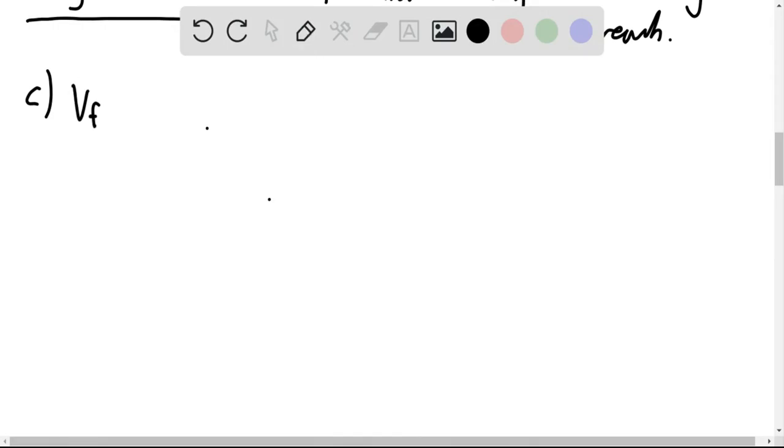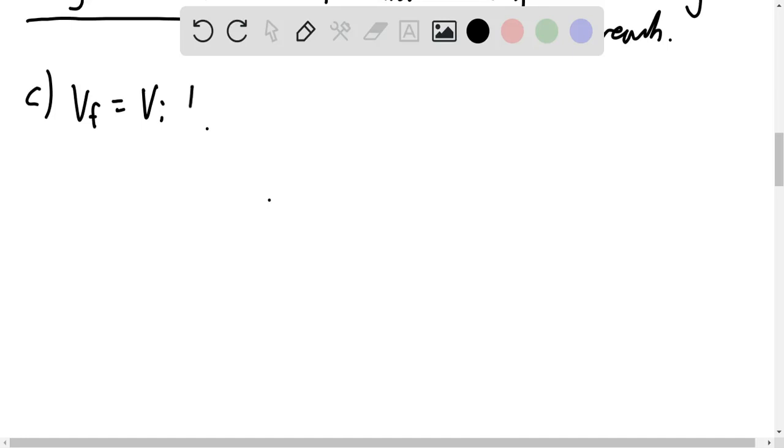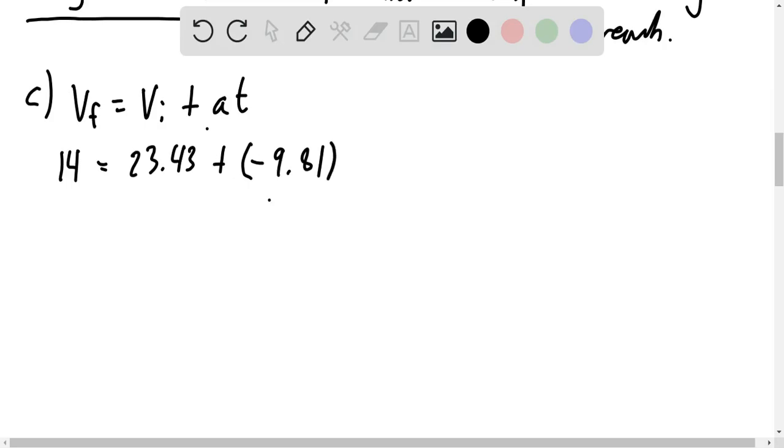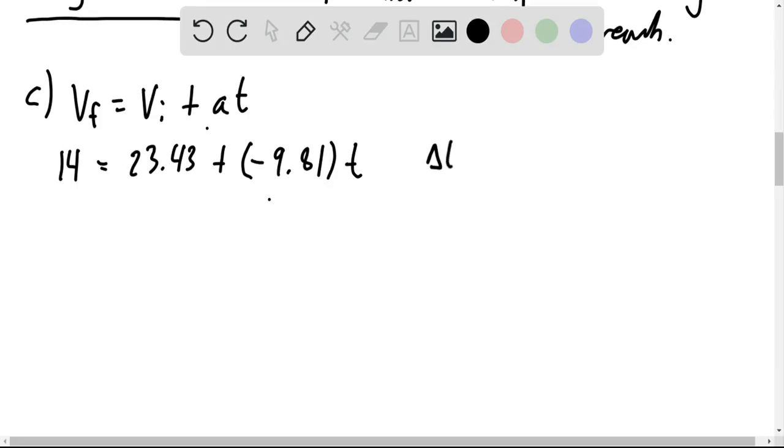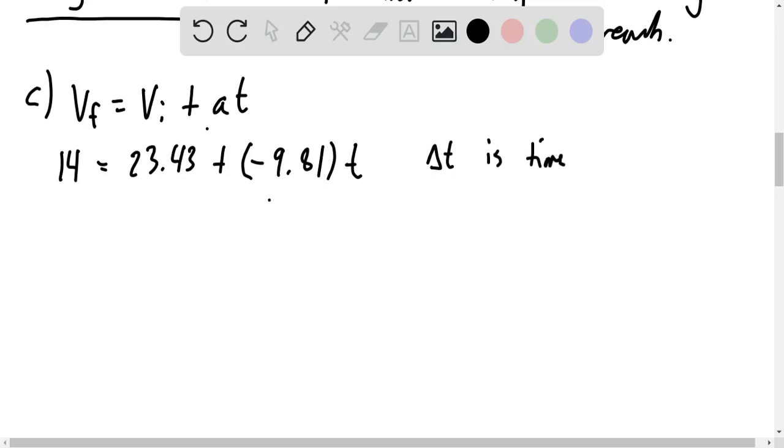So VF equals VI plus AT. And VF is 14 meters per second, which I'm omitting units once again. VI is what we determined in part A, which is 23.43 plus negative 9.81 meters per second squared times T. So delta T in this case is the amount of time between VF and VI.